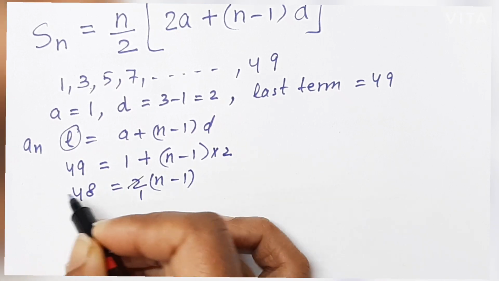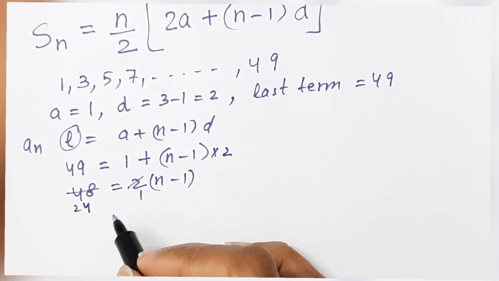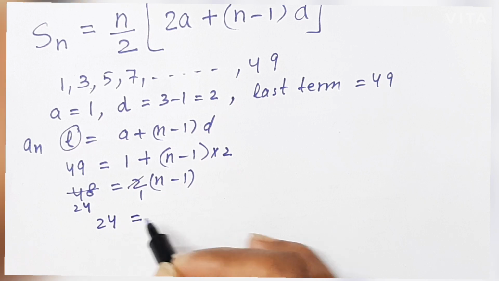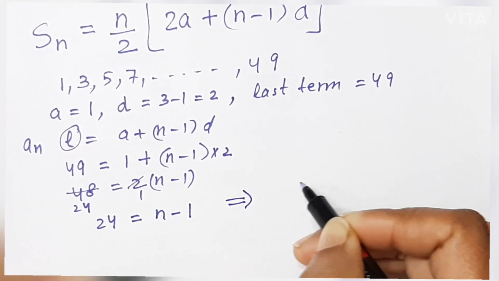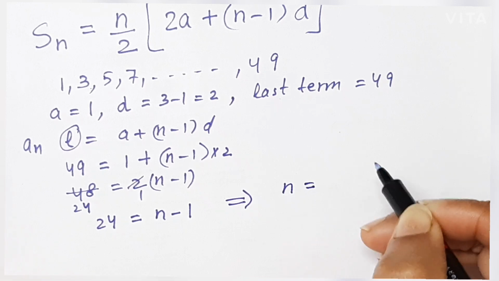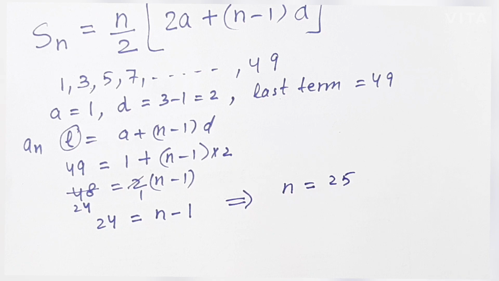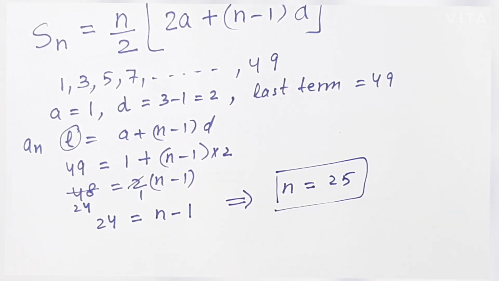Now this 2 and this 2 will get cancelled. 2 twos are 4, 2 fours are 8. So it is 24 is equal to n minus 1. So this implies n is equal to 25. Now we know the value of n as 25.